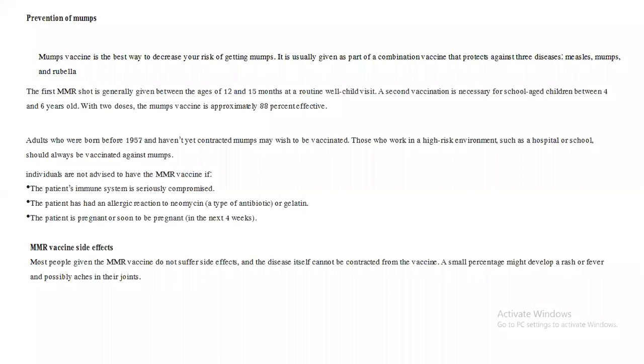MMR vaccine side effects: most people given the MMR vaccine do not suffer side effects, and the disease itself cannot be contracted from the vaccine. A small percentage might develop a rash or fever and possibly aches in their joints.